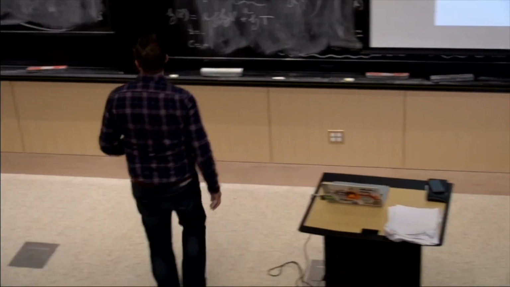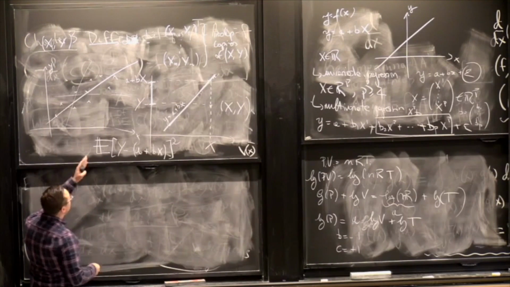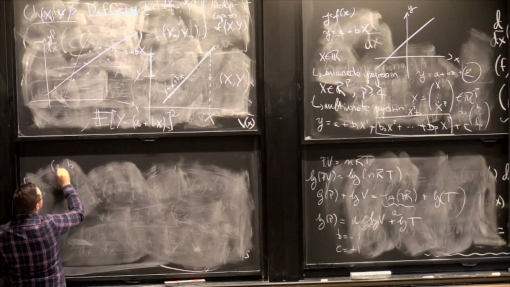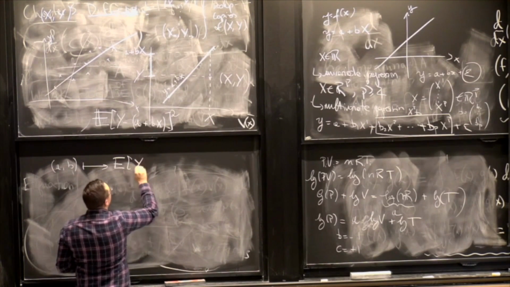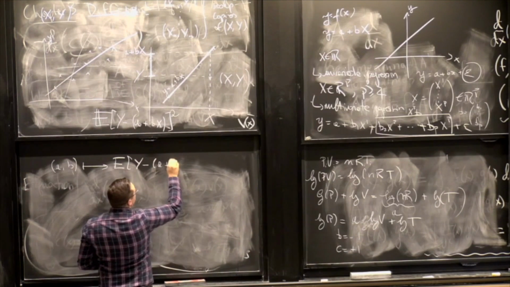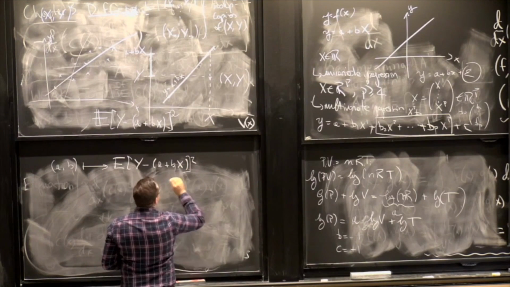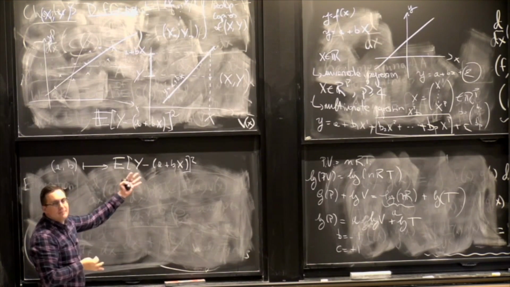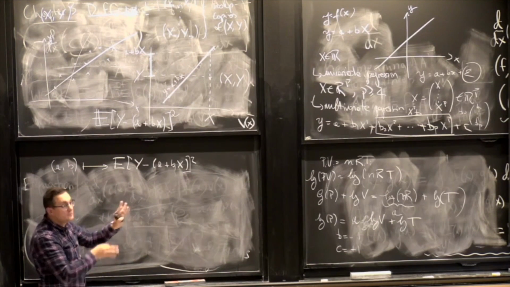All right. So now that I do those vertical distances, I can ask, well, now I have this function, right? I have a function that takes two parameters, a and b, and maps it to the expectation of (y minus (a plus bx)) squared. And I can ask, well, this is a function that measures the fit of the parameters a and b, right? This function should be small.